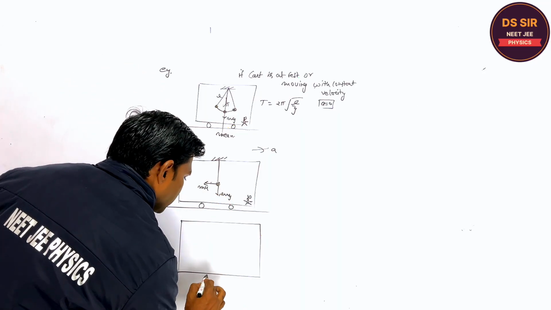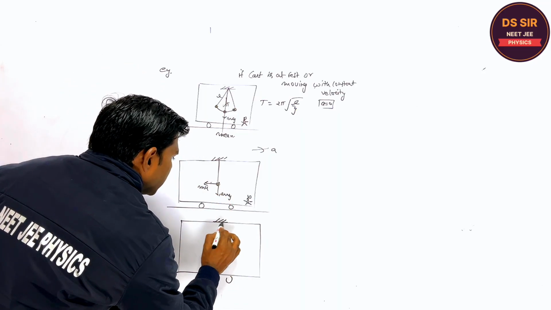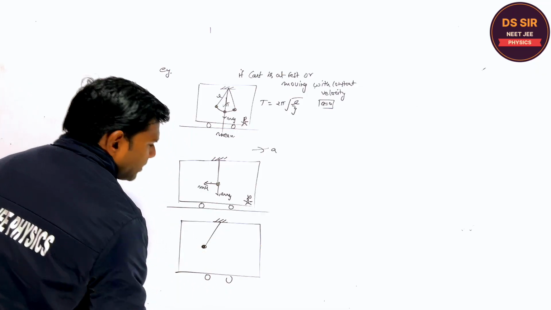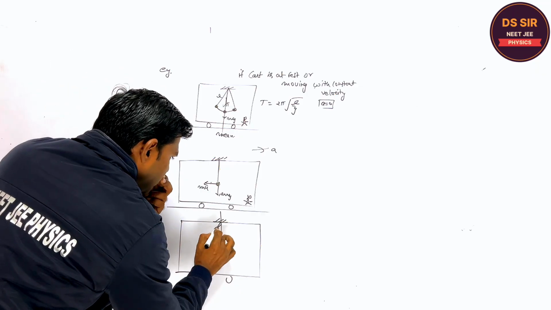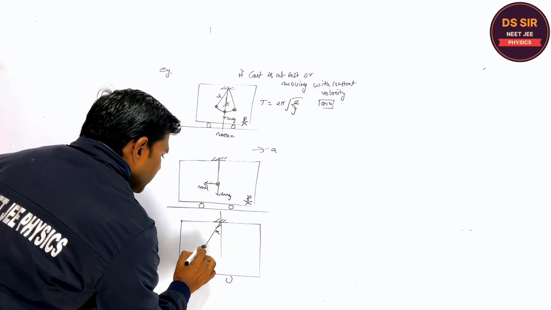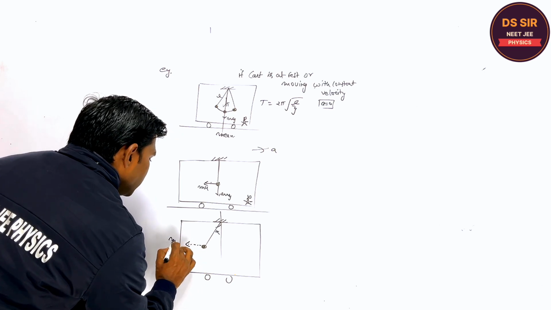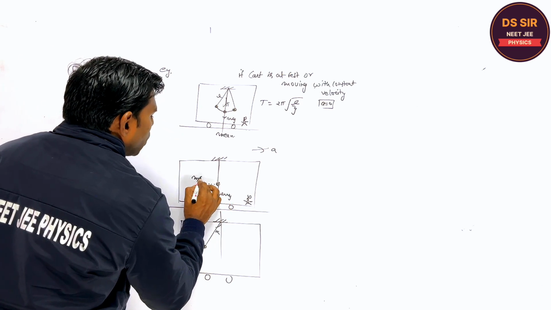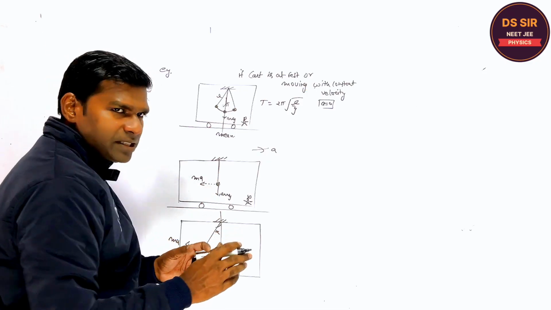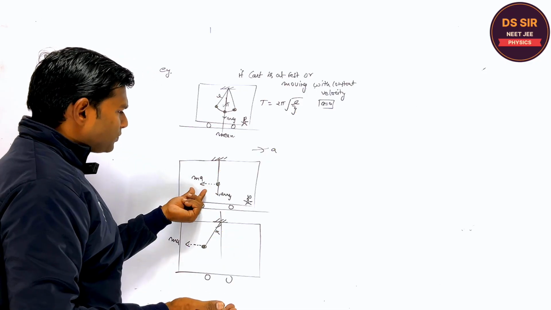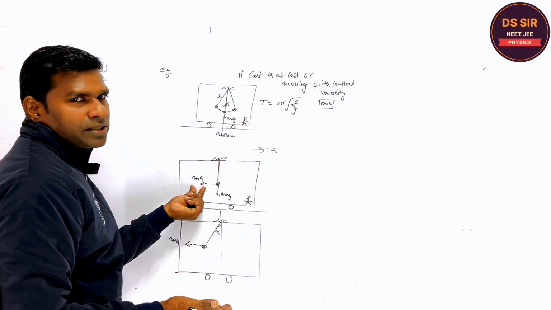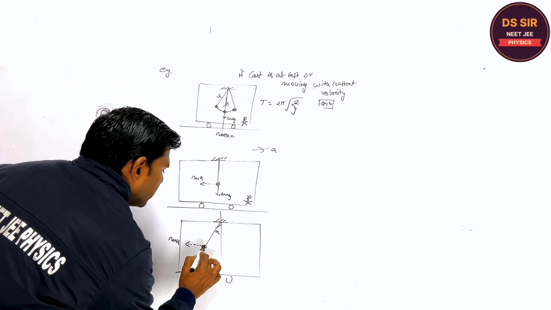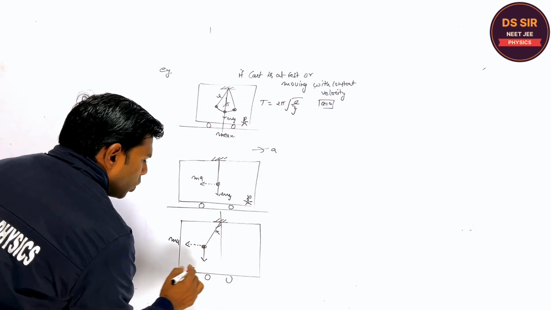Listen, one thing: it starts moving in this way such that after some angular displacement alpha, this is the pseudo force, you can say. The pseudo force may be represented by the dotted line, right? Because it is imaginary, that is why it is represented by this dotted line.